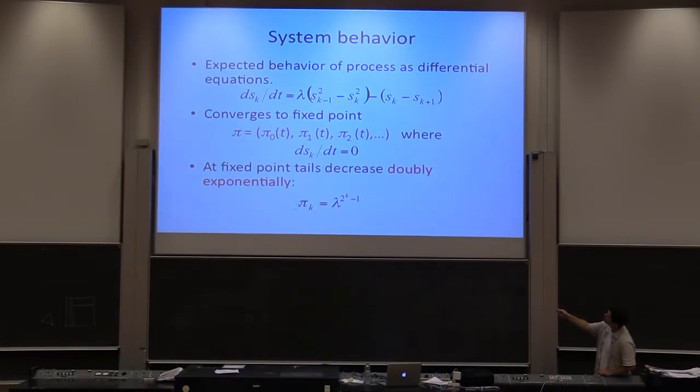And if you look at the fixed point, it turns out that if you set these equations equal to 0, they have this nice balance where it will be 0 as long as lambda times s_{k-1} squared is equal to s_k.